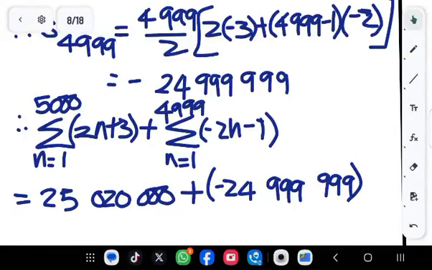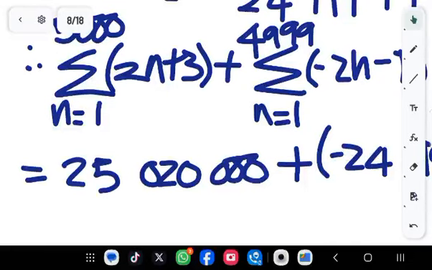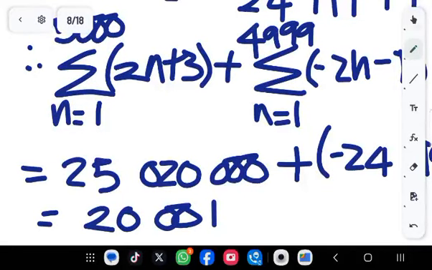Take out a calculator. Let's calculate this. So it's 25 million and 20,000 minus, or plus negative, 24 million 999,999, and that gives us 20,001, and that's the answer to your question, 20,001, and that's the final answer.